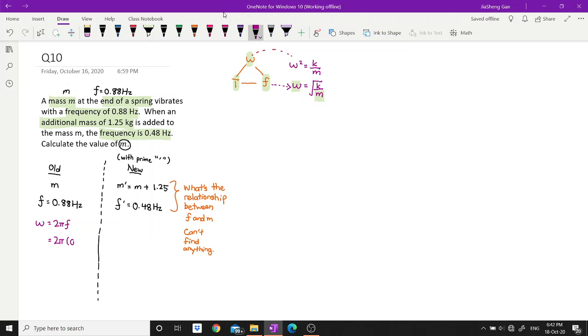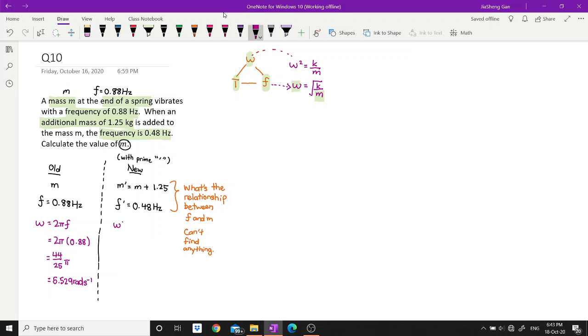Apply it, substitute in the value, and then what we will get is, write this as a fraction first, 44 over 25 pi, which is also equivalent to 5.529 radians per second. So you get ready by finding omega first.